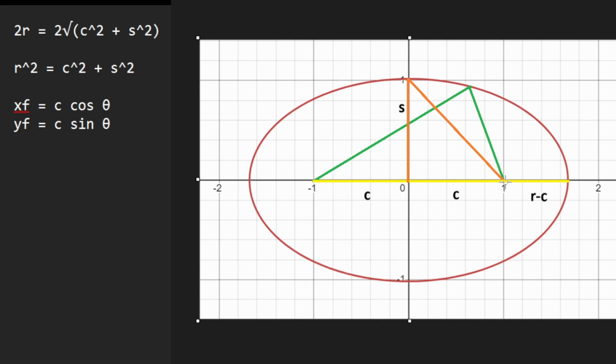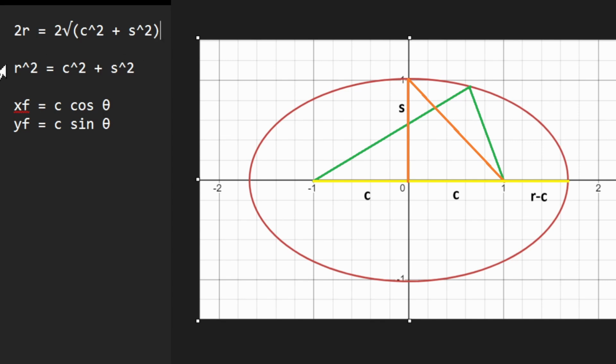And as I said, that's given to us by Pythagoras' theorem. This distance here is the square root of the sum of the other two squares. And we're going to have that twice, once for this side and once for this side. And so on the other side of my equation, I've got 2 times that square root.